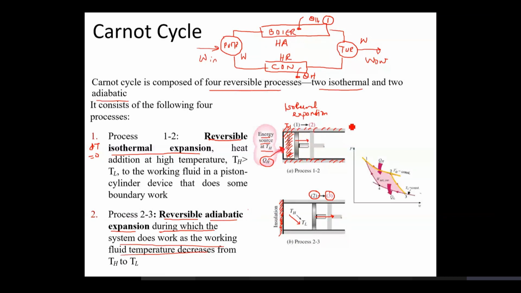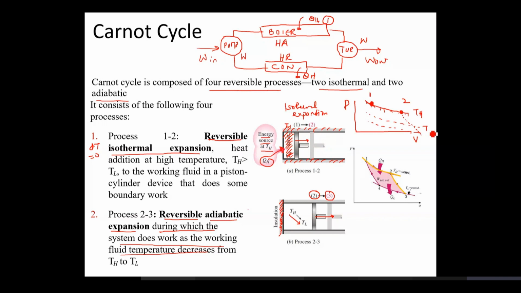These two processes are defined on a PV diagram. If I have this PV diagram, the first process is the constant temperature line. From state 1 to state 2, my volume has increased, but the temperature remained constant at TH. Then from 2 to 3, I had this smaller temperature line, which I'll draw a little over here.